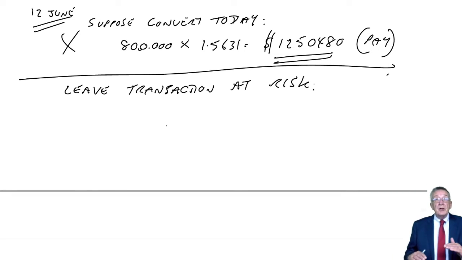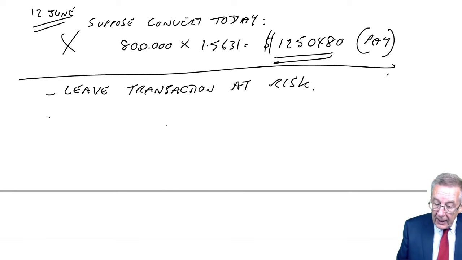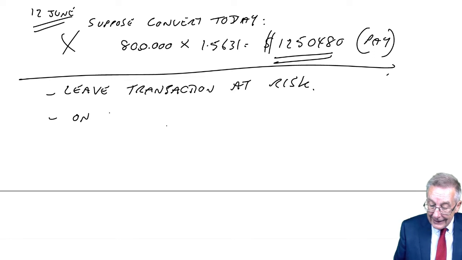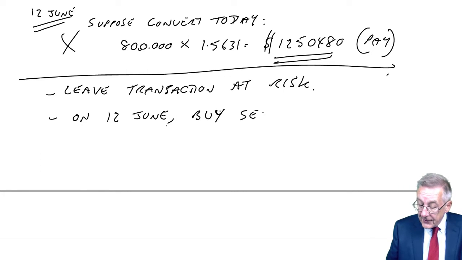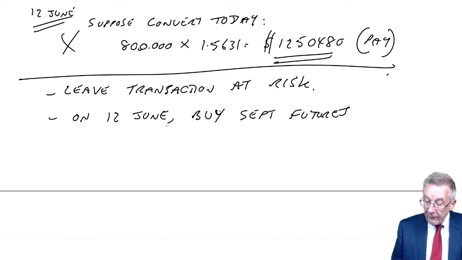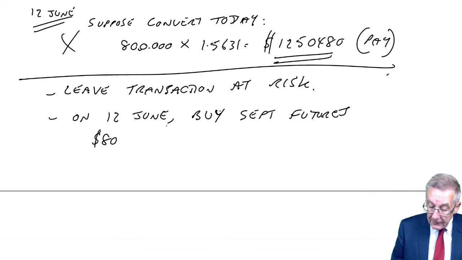However, to what you might call cancel that risk, we will today buy these September futures. It's £800,000 we need, so we'll buy £800,000 of September futures.